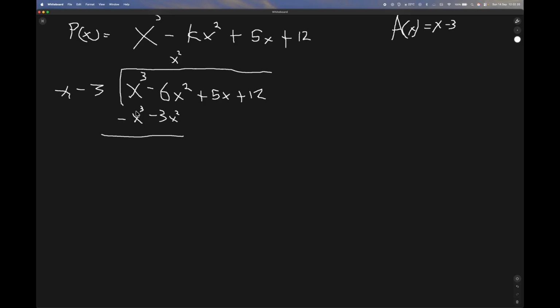Little minus. These two will cancel. Minus 6 minus minus 3 is minus 6 plus 3 is minus 3x squared. Let me just check that in my calculator. Minus 6 minus minus 3. Yep. Plus 5x.